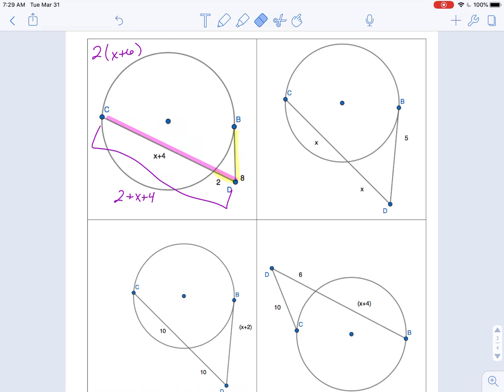And I can combine my like terms to get x plus 6 equals the part outside the circle. But again, what's the whole secant here? Well, the whole thing's just 8.